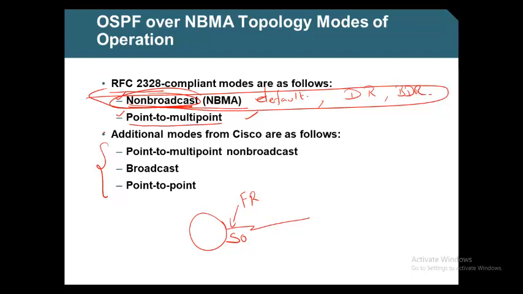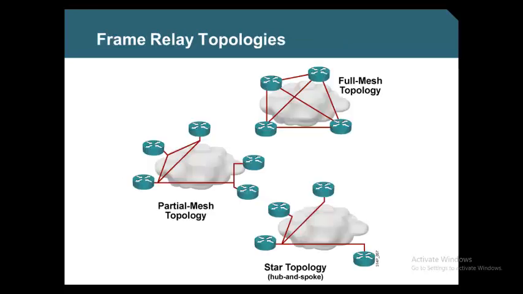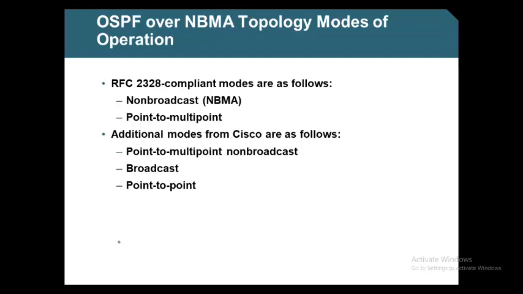Not only that, in this non-broadcast, neighbors are not automatically discovered. Usually when you run a routing protocol, EIGRP or OSPF, you saw neighbors are discovered dynamically.